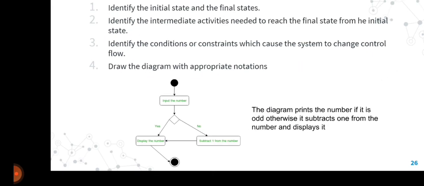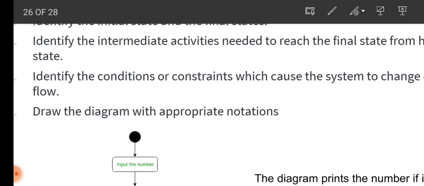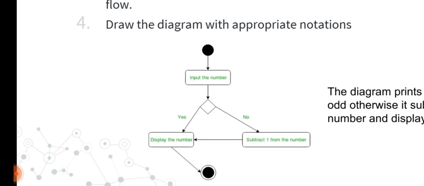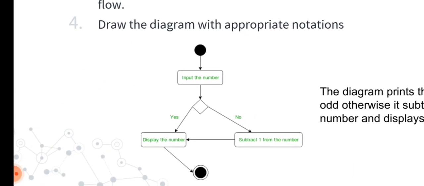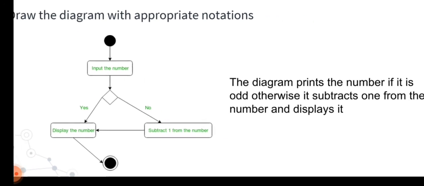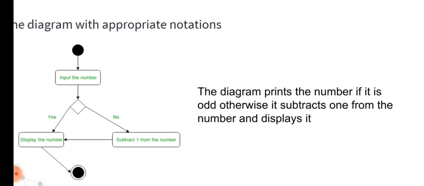Here we can see an example. First we can see the start state, and it transits to the next state, that is input the number. And here we can see a condition check: if the number is odd.